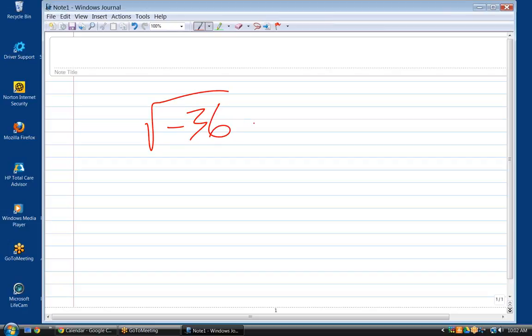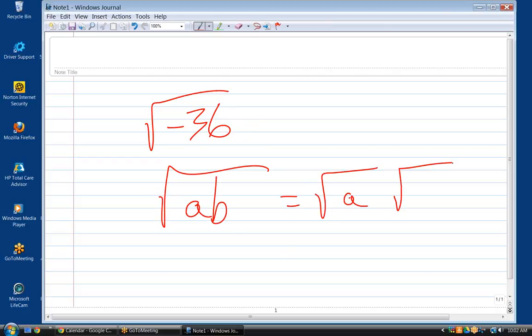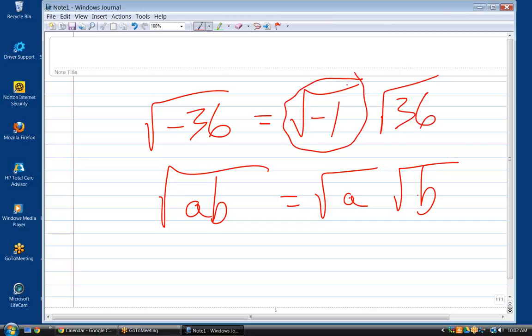The way to handle this is based on the rule that the square root of AB is equal to the square root of A times the square root of B. Therefore, whenever you have the square root of a negative number, separate it into this, and then you can replace the square root of negative 1 with i. So that would be equal to 6i.